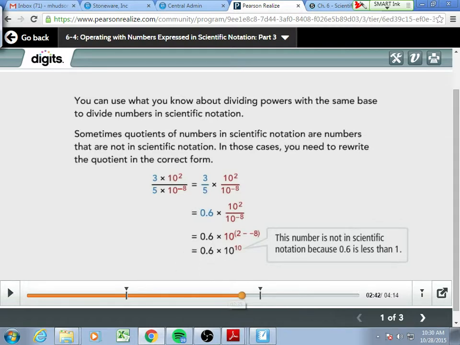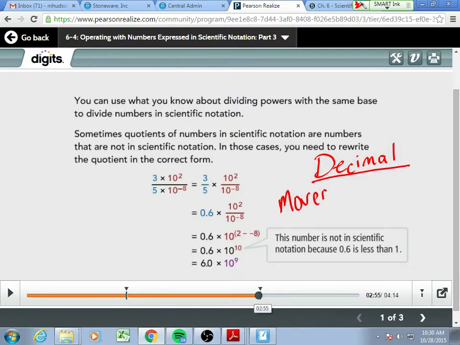It decreases. When we move our decimal right, you might want to write down the decimal rule then. If we move right, power decreases.